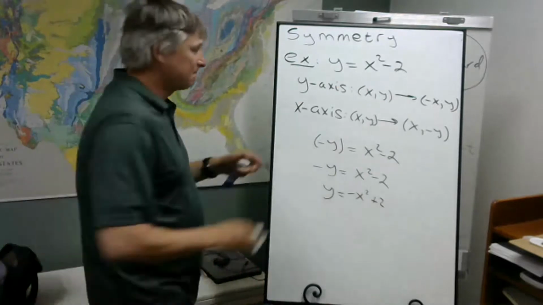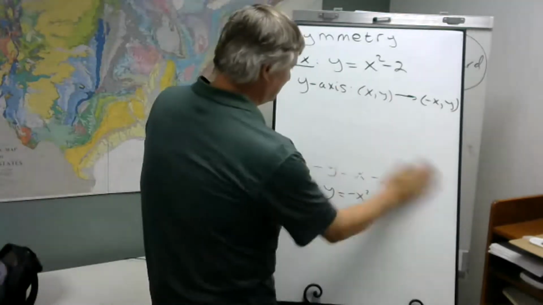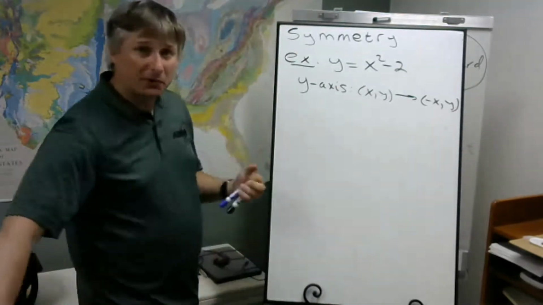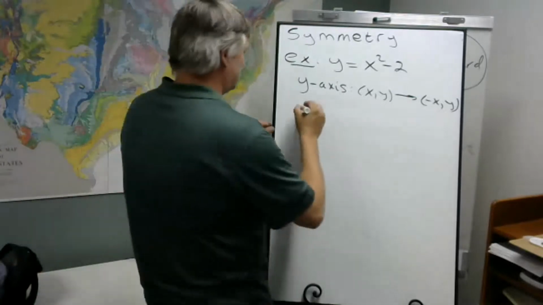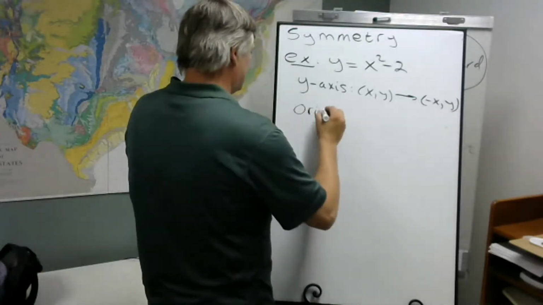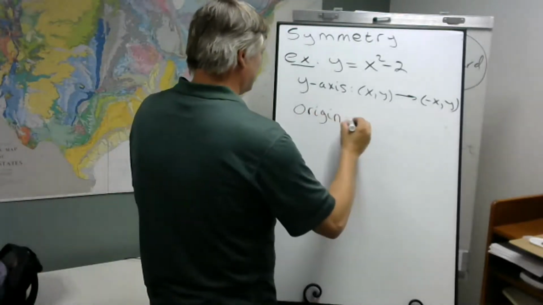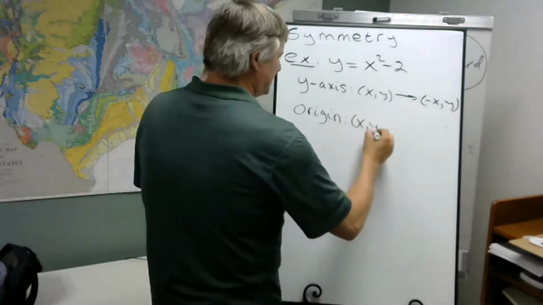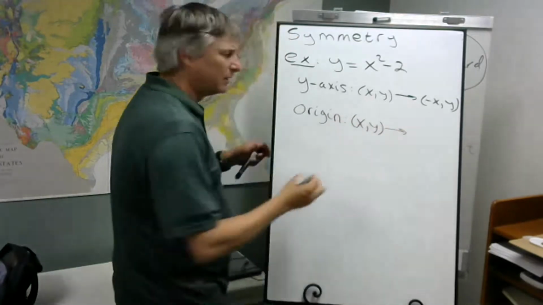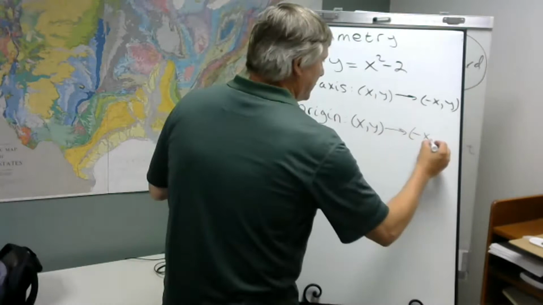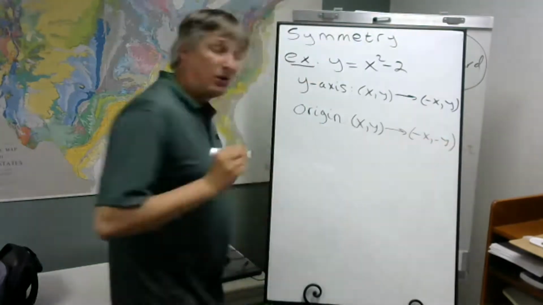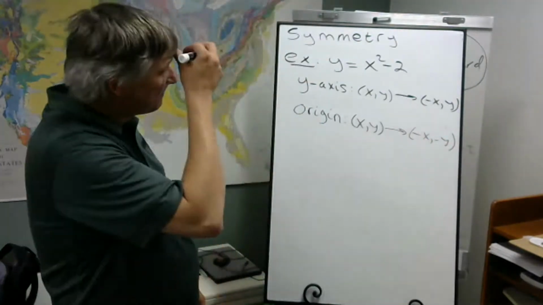Let's try origin. And y-axis so far so good. If (x, y) satisfies the equation, then (negative x, y) should also satisfy the equation.